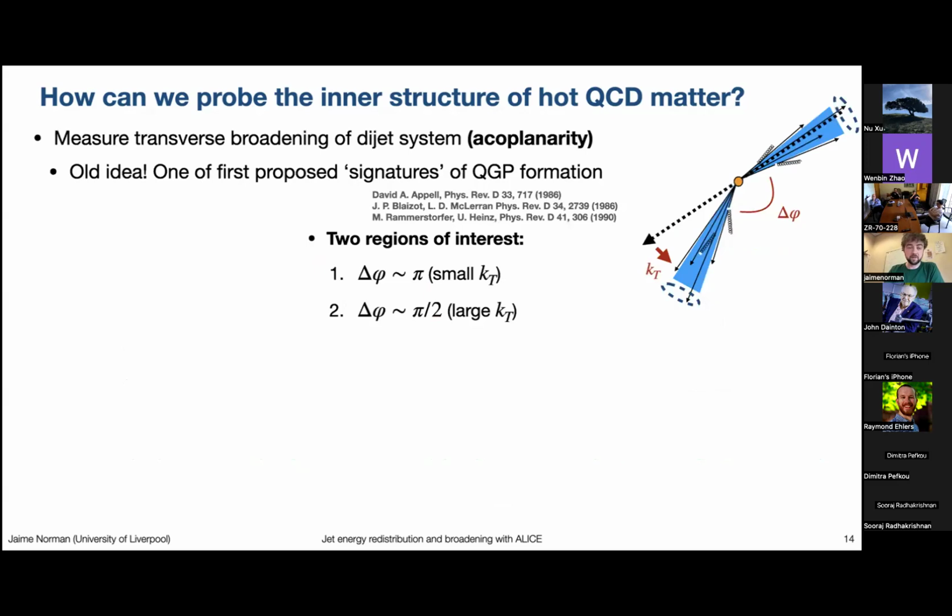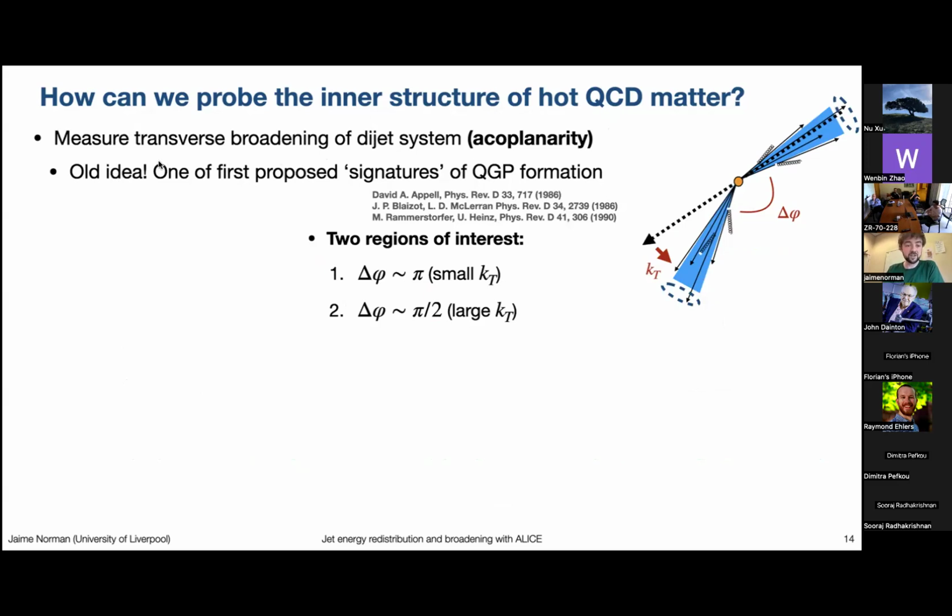One of the main proposed methods to perform these scattering experiments is measuring the transverse broadening of a dijet system, so measuring its acoplanarity in heavy ion collisions.